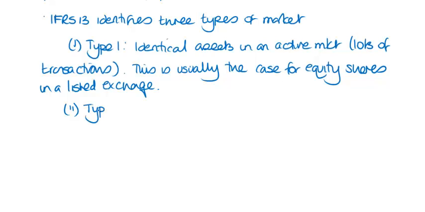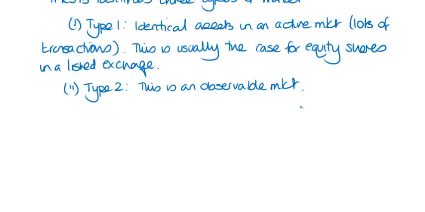Secondly, we've got a type 2 market. This is an observable market. And there's two elements to it.